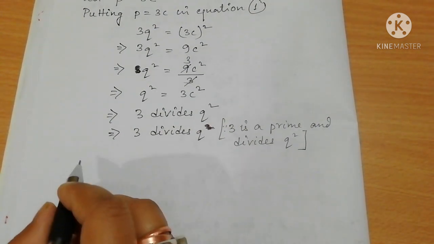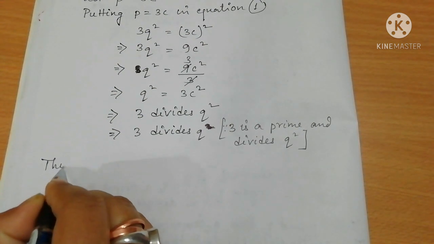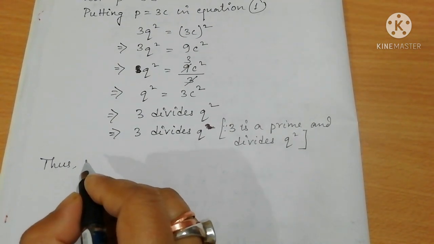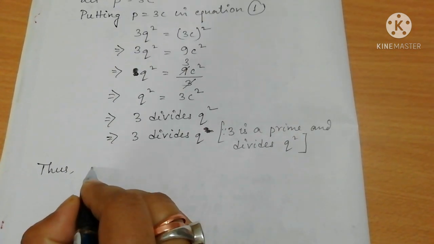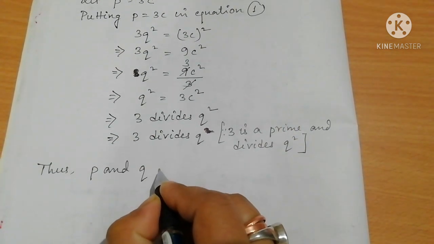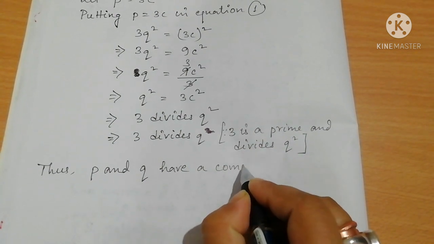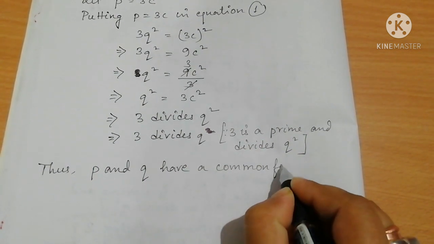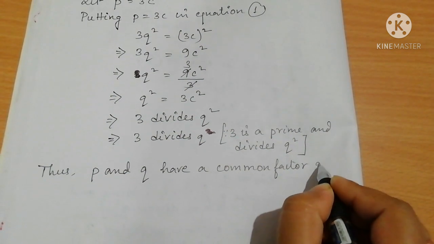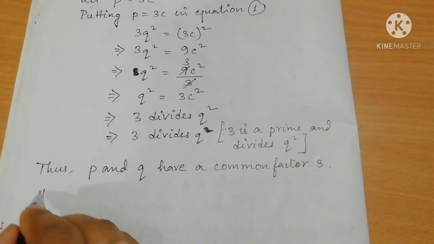As we got 3 as a common factor, we'll write here, thus P and Q have a common factor 3.